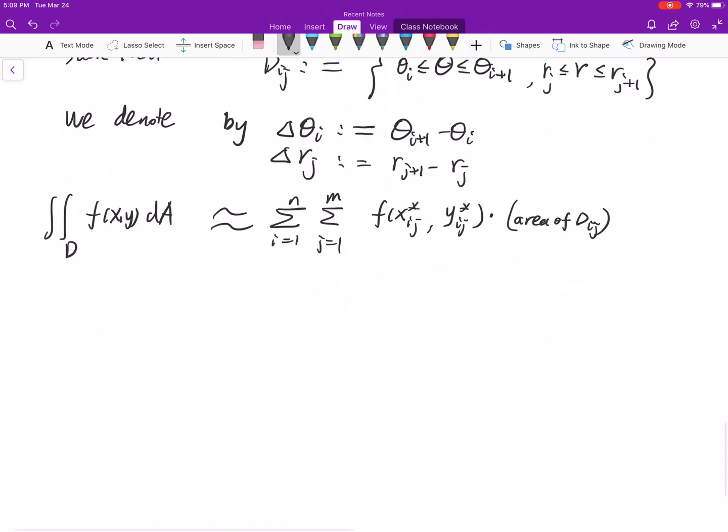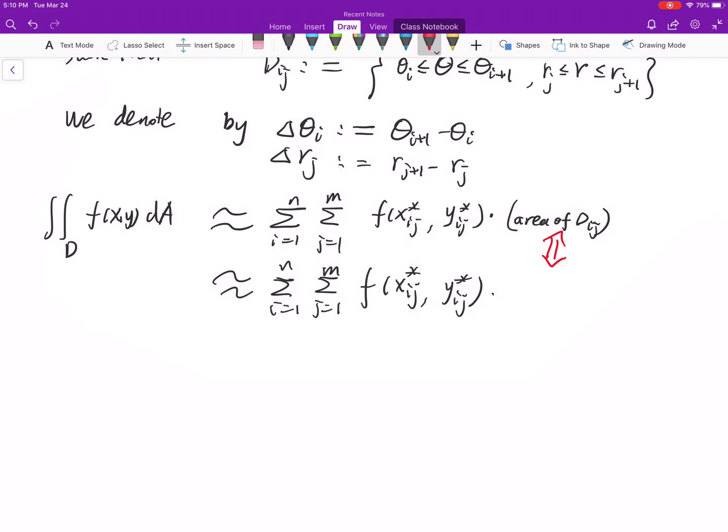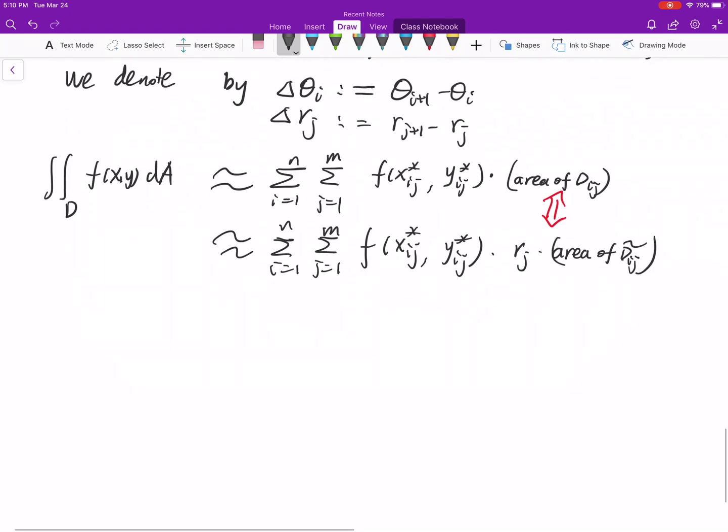Approximately, by the previous easiest case for small curved rectangles, we had the following formula: this is Rj times the area of D theta ij.